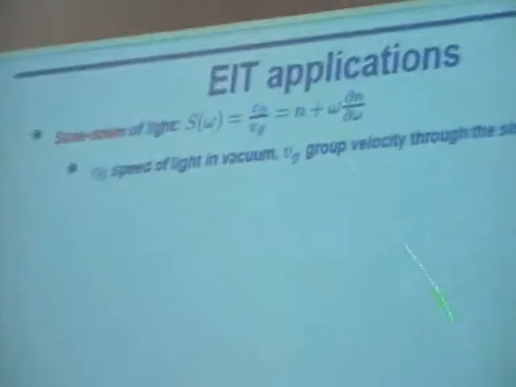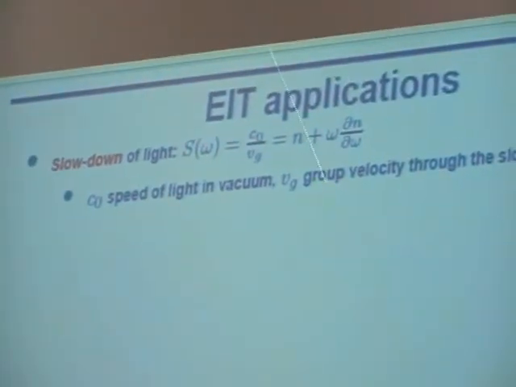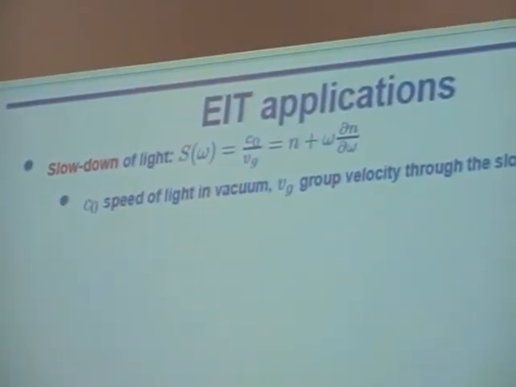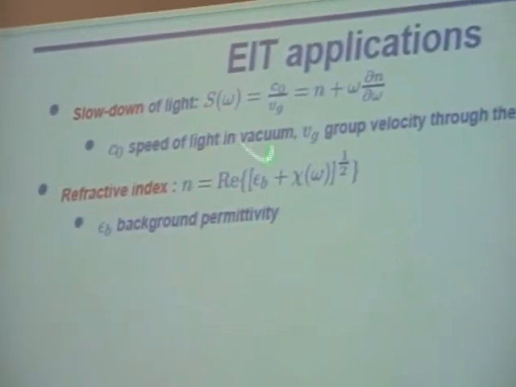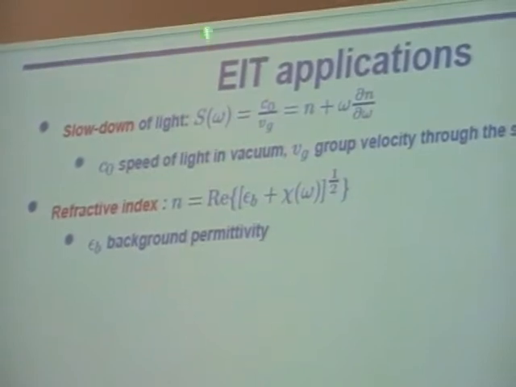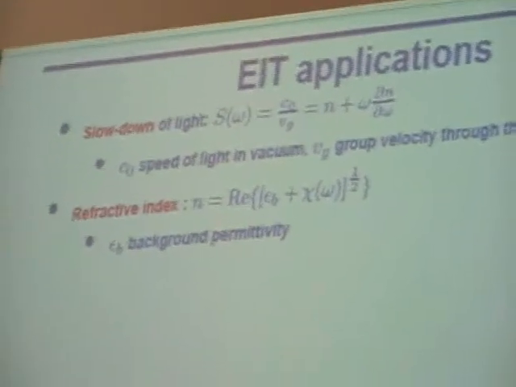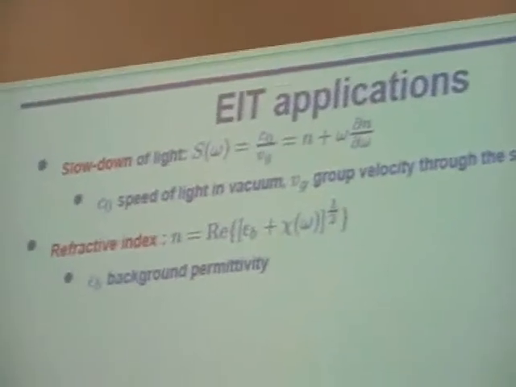But we can write it in this way here, where n is obviously the refractive index of the material, and this is given by the real part of this quantity here, where epsilon zero is the vacuum permittivity, and chi is the susceptibility of the material.